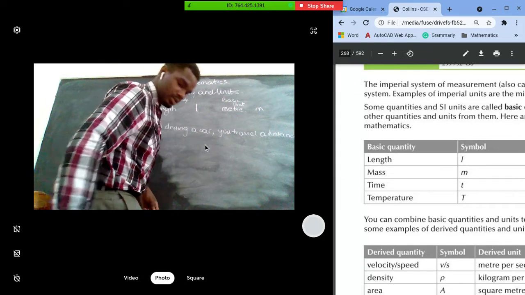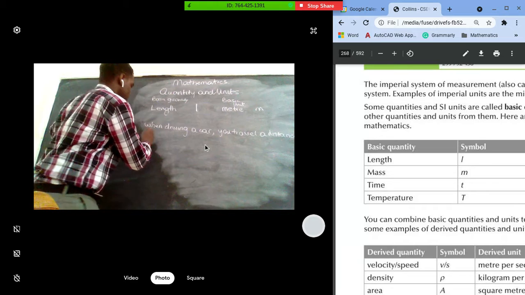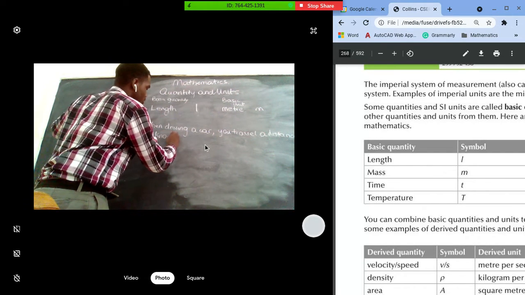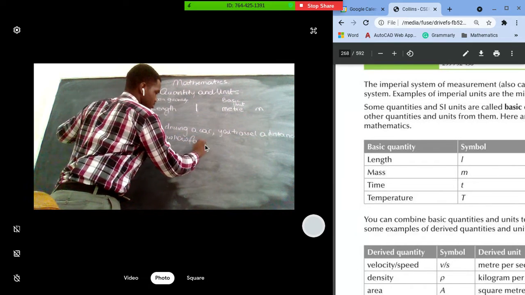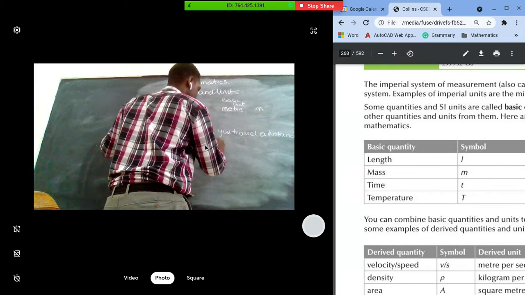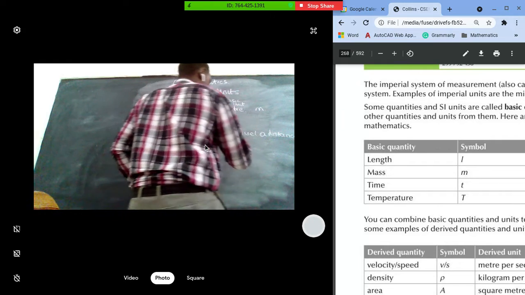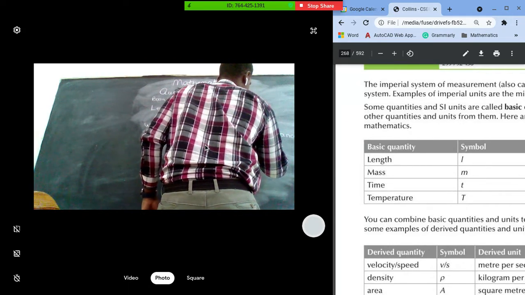But to know how fast you are driving, we use time.